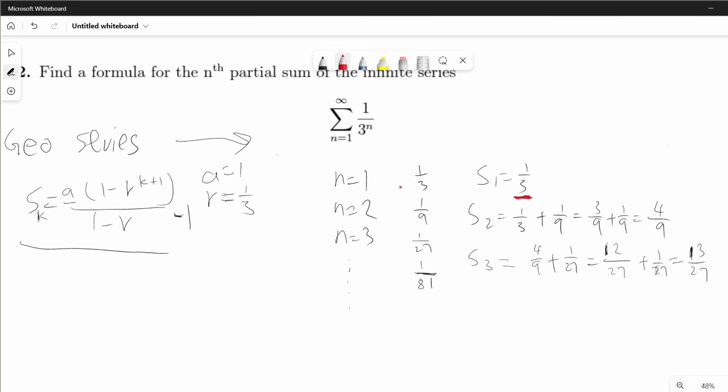Right, this is 3 to the 1, the denominator is 3 to the 2, this is 3 to the 3rd power, right? And the top part is kind of hard to see, but if you expand this, right?